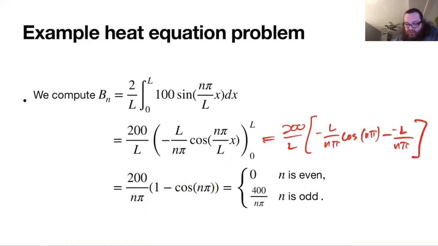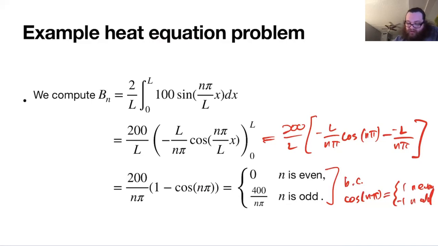When n is equal to 2, this is equal to 1 again, etc. When n is odd, this is because cosine of n pi is equal to 1 if n is even and minus 1 if n is odd.